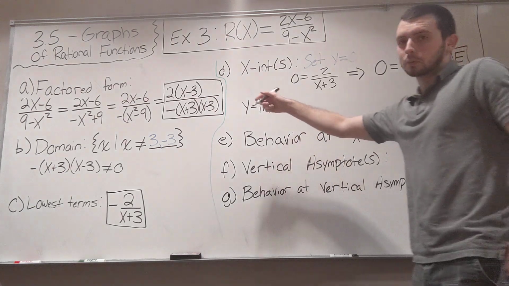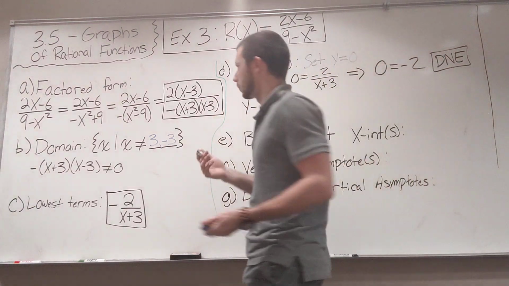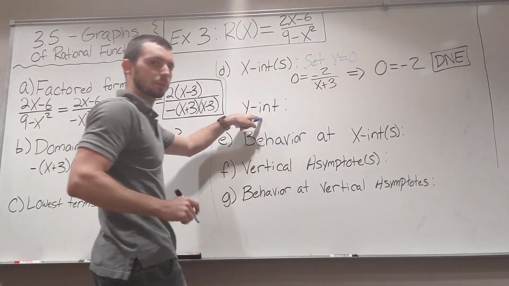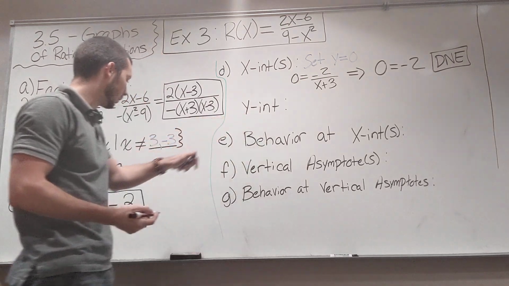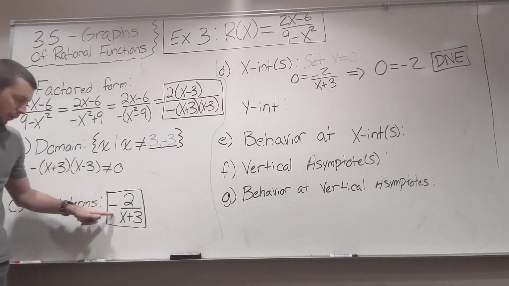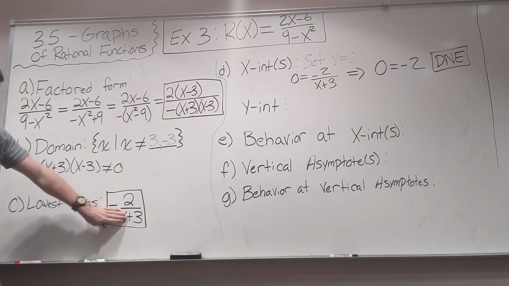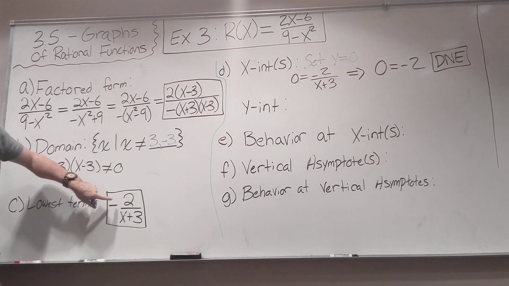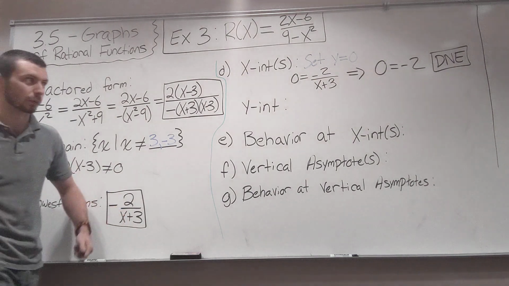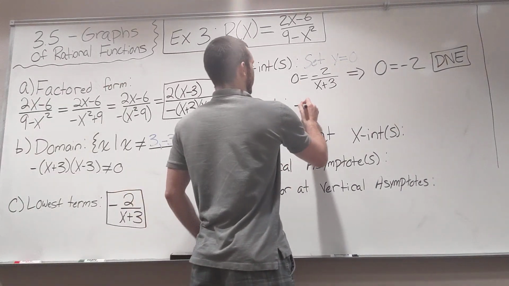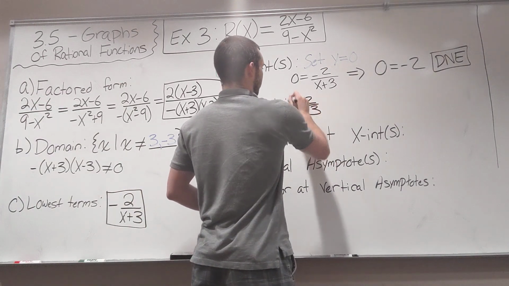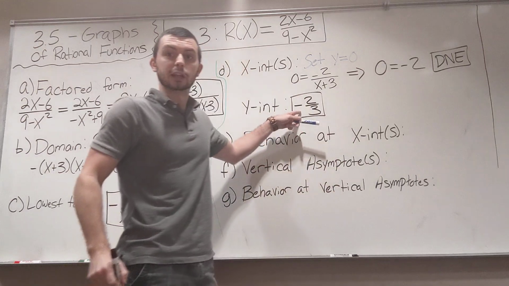The y-intercept, so we do get a y-intercept. Remember, y-intercept, we set x equal to 0. And when we set x equal to 0 here, pretty much that x disappears, and then we get -2 divided by 3. So here we just get -2 over 3. And that's after setting x equal to 0.